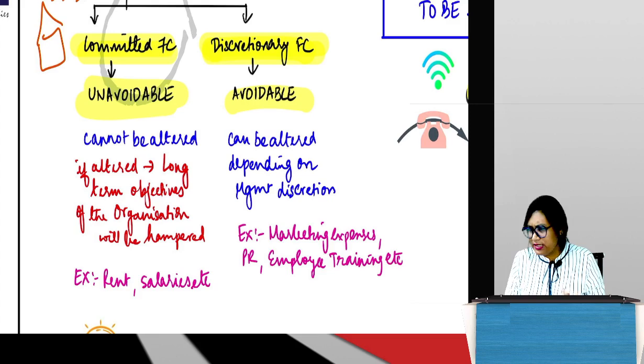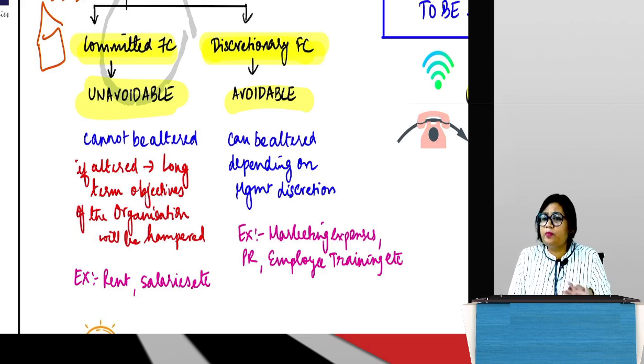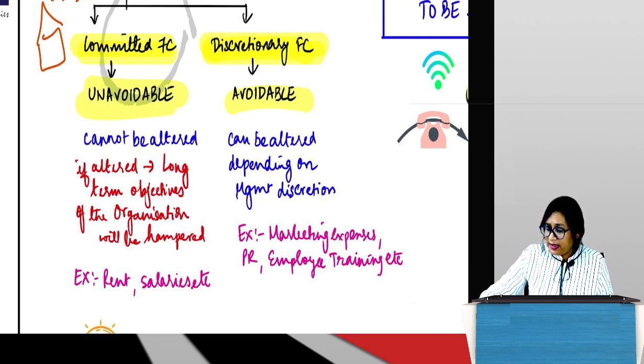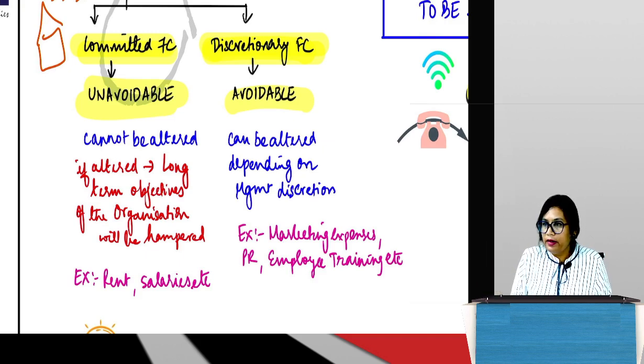You can reduce them, and that is based on your discretion. It is left to you, the organization, the management, the CEO. They can decide, okay fine, let's not incur this, it is not really benefiting me. If he tries to reduce or completely eliminate these costs, it is not going to impact the business operations.